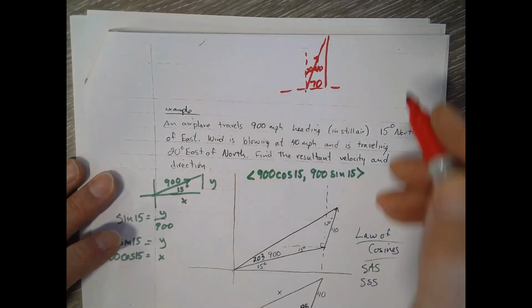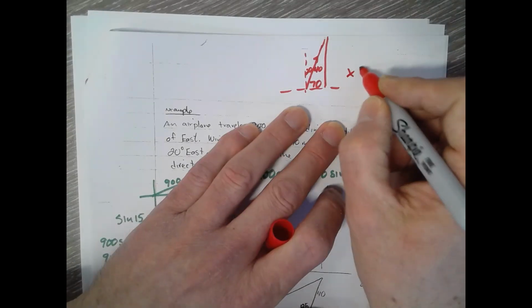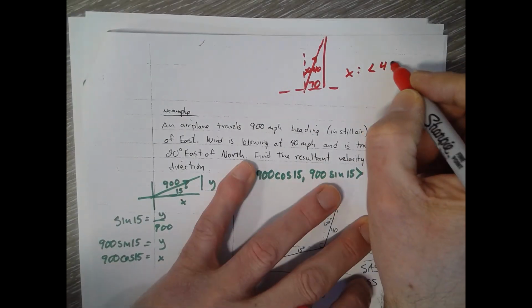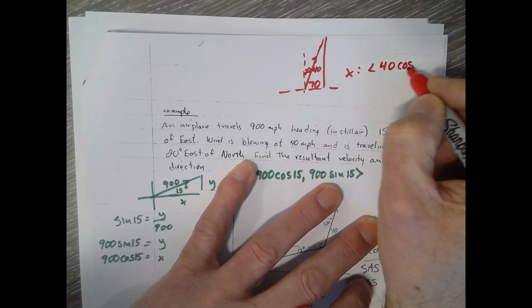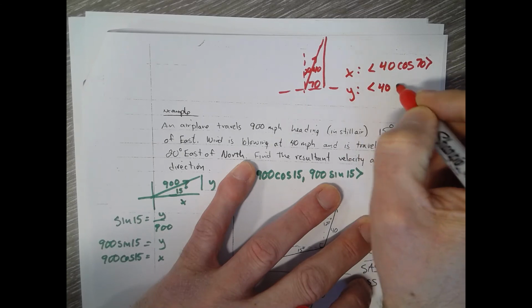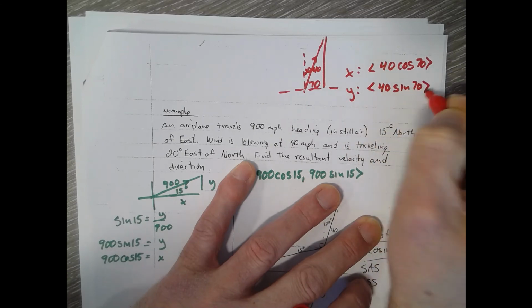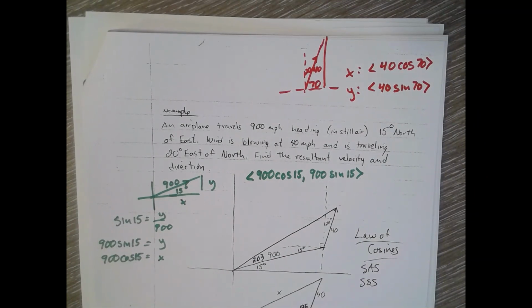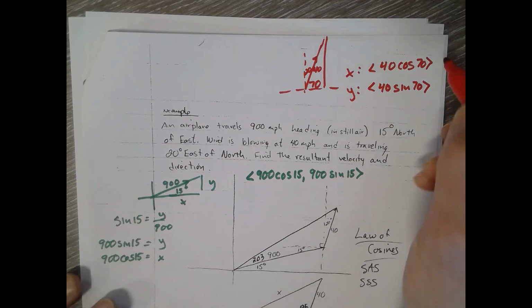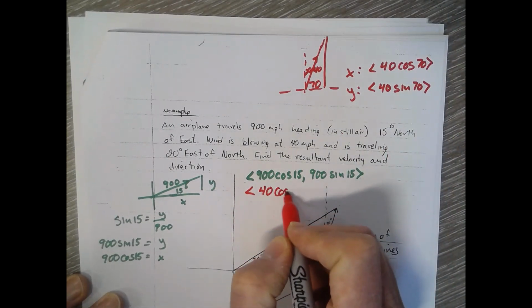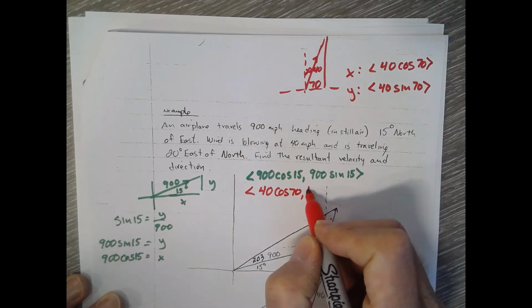So the x would be 40 cosine of 70, and our y would be 40 sine of 70. Just using trig. Oh, I don't know why I did it that way. I didn't do that right. I'll do it down here. So it's 40 cosine 70, comma, 40 sine 70.